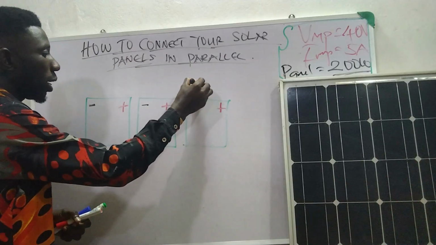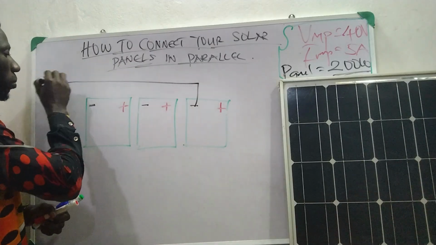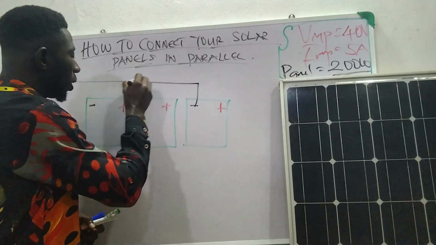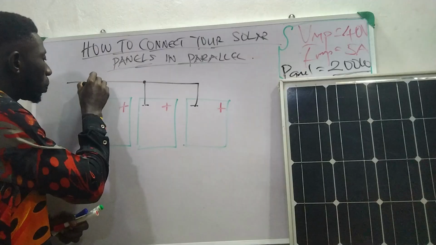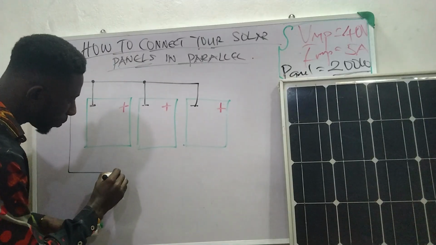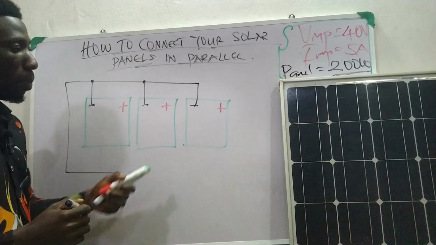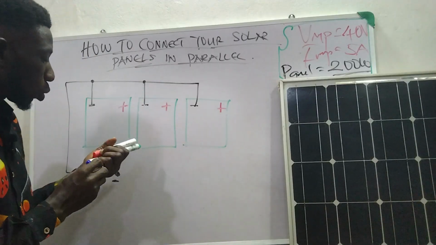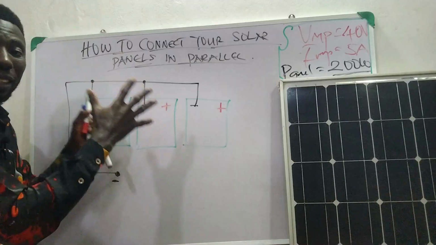I will take a cable here and run it. Then I'll pick a cable here, bring this one and connect it to this one. I'll bring this panel and connect it here. So this is my negative line.